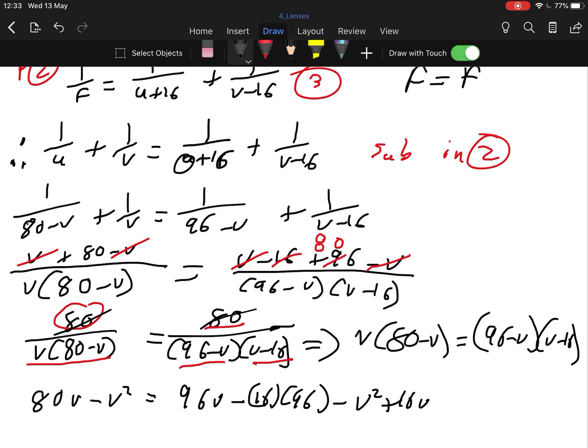Yeah, okay. So 96v minus 16 times 96 minus v squared plus 16v. Now we can see that on both sides the v's cancel off.